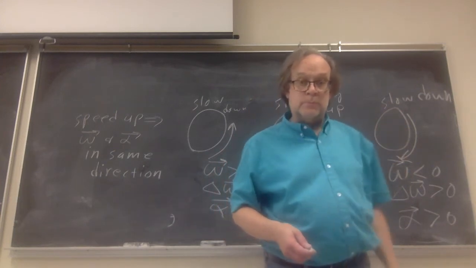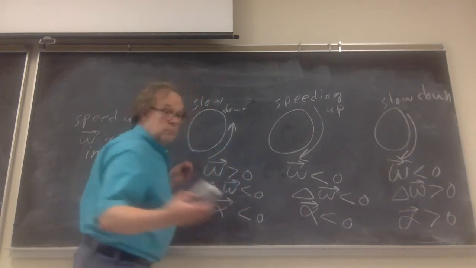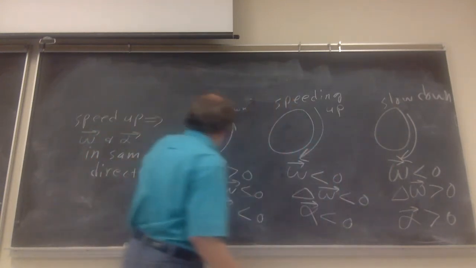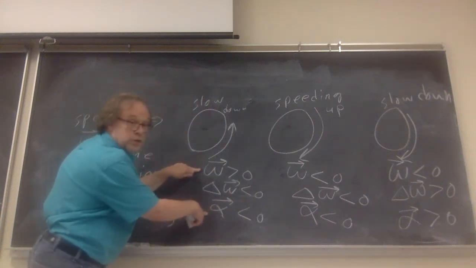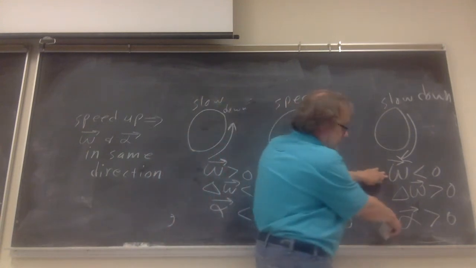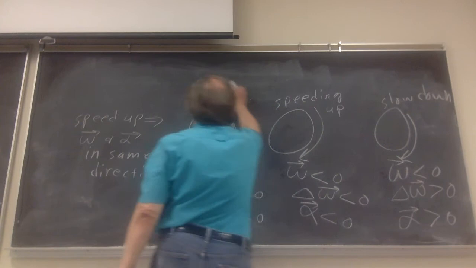The rate of spinning is decreasing. So, we can say that whenever you're slowing down, velocity and acceleration must point in opposite directions.